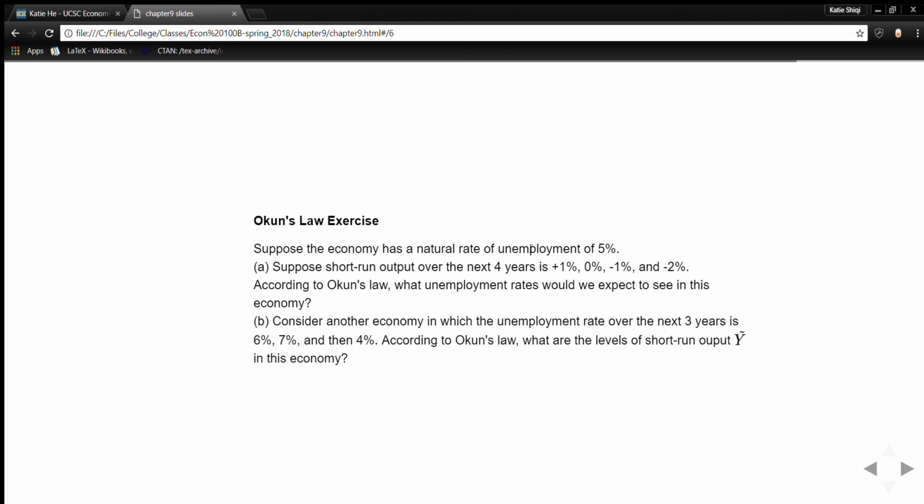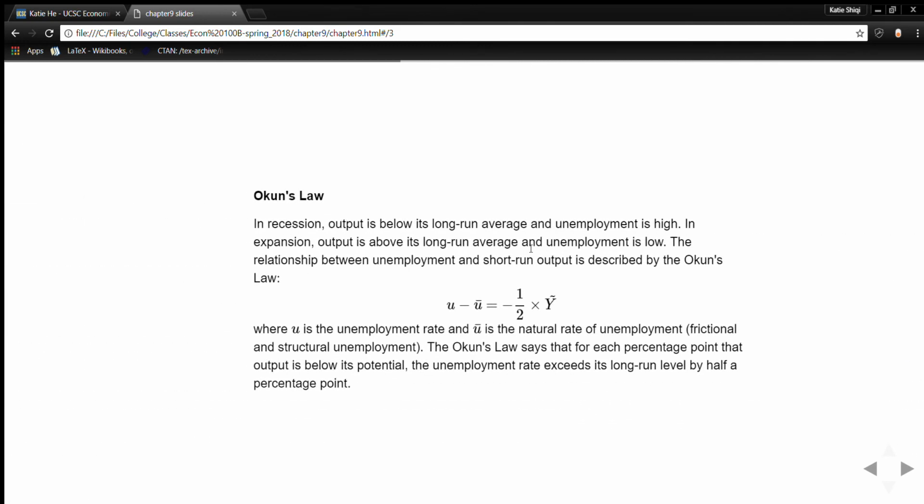And part B asks you, consider another economy in which the unemployment rate over the next 3 years is 6%, 7%, and 4%. According to Okun's law, what are the levels of short-run output y tilde in this economy? And just as a reminder, this is Okun's law, where u minus u bar is equal to -1/2 times y tilde.